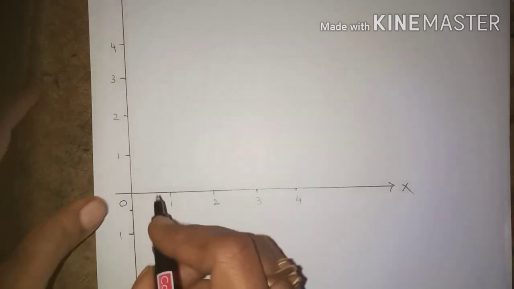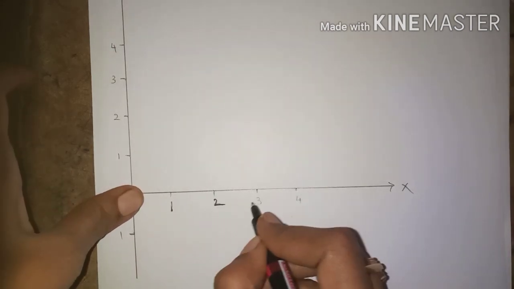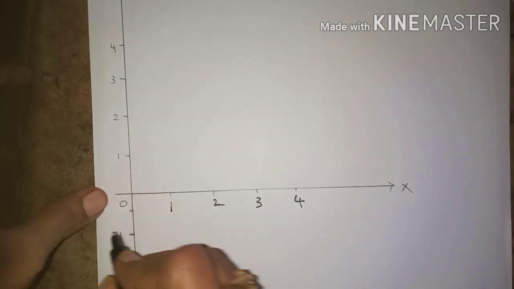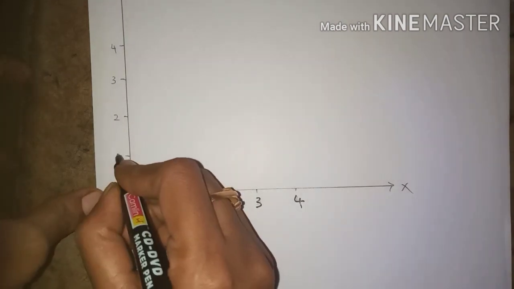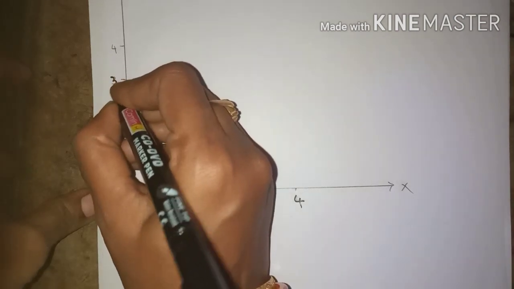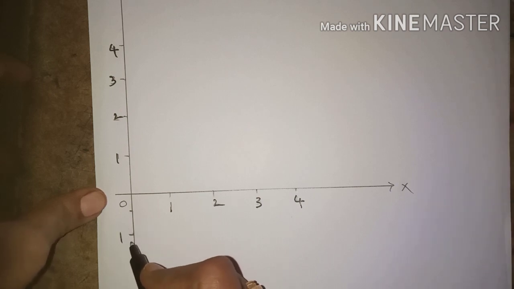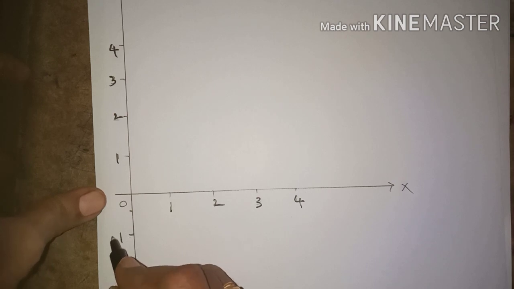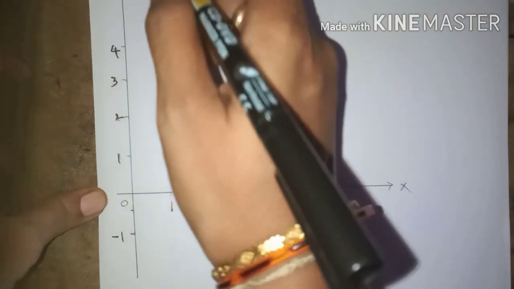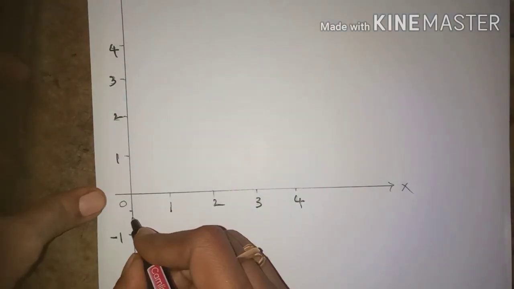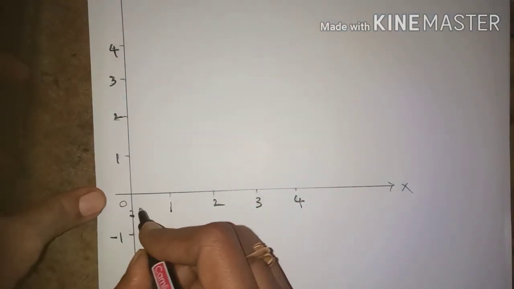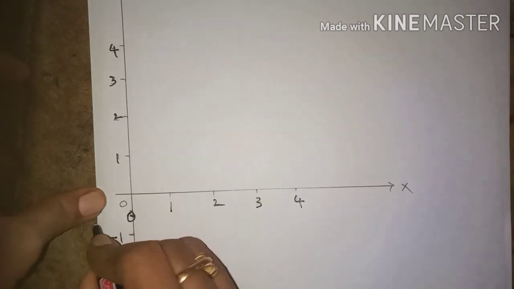Now 1, 2, 3, 4 we have got like this. Now the first point is (0, minus 1 by 2). Therefore, this is 1, this is minus 1. Minus 1 by 2 means nearly here you will get the point.